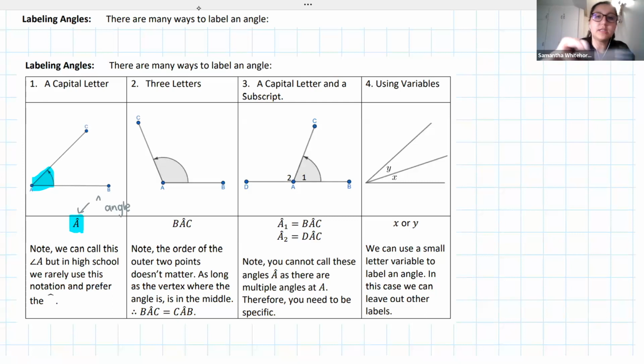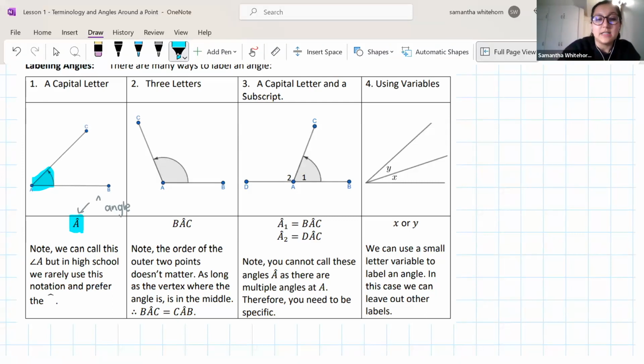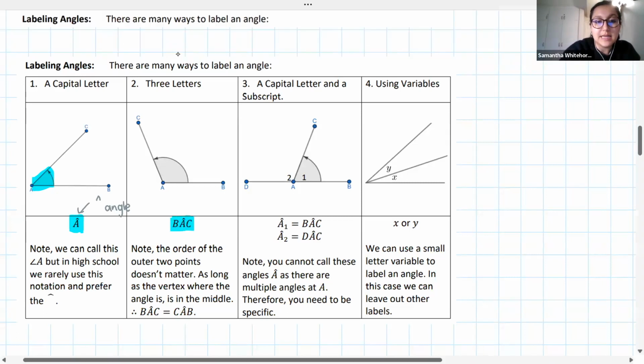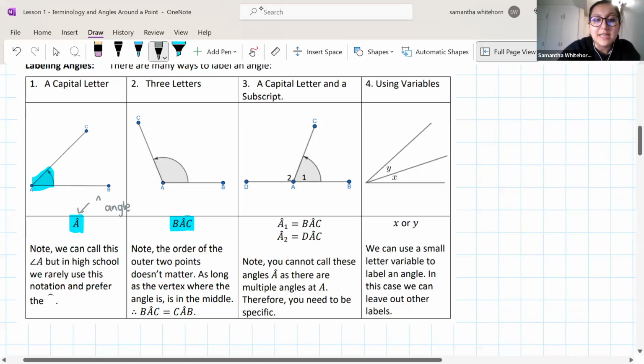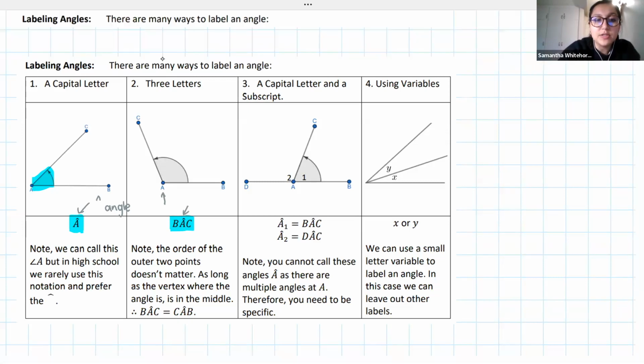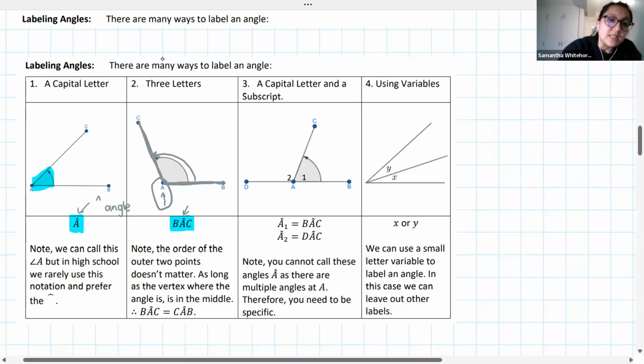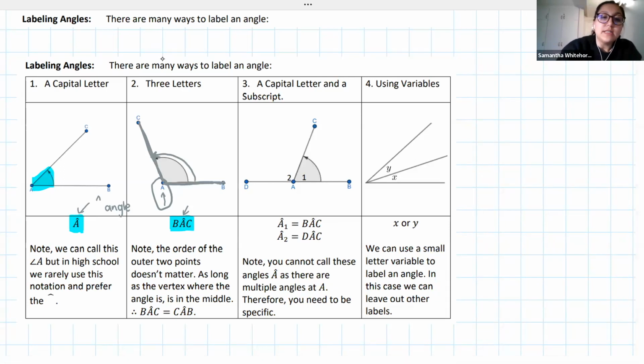All right, so if we look at the second way to label an angle, the second way is using 3 letters. Again, see that there's a hat on top of A. That's telling you that the angle is at vertex A. So if we go to vertex A, we can see that we've got arm AB, we've got arm AC, there's my common vertex A, and there's the angle created between the 2 at A. Now, guys, those letters in this labeling essentially follow the arms.